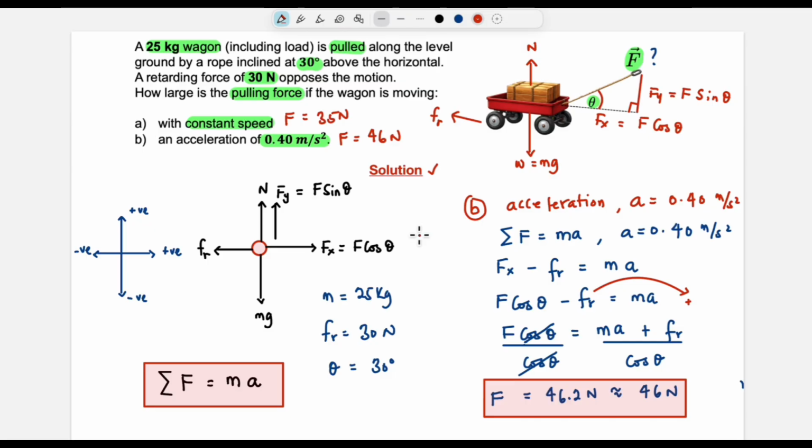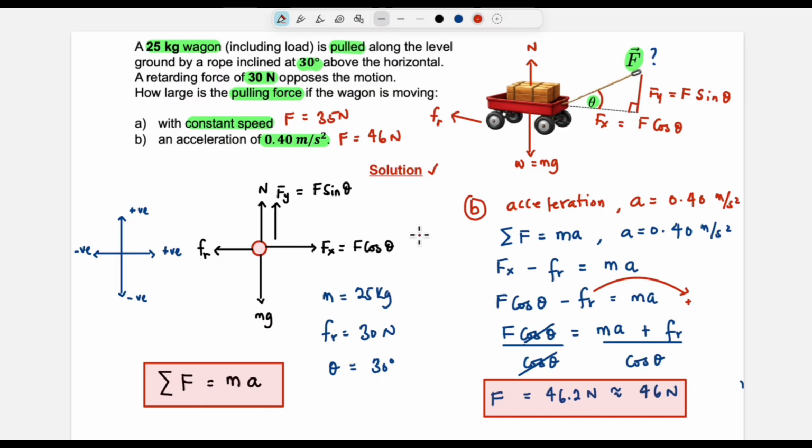And this makes sense because if you just set the wagon to move at a constant speed, you just need to overcome the retarding force plus just some little force. And we can see the difference between the retarding force and the pulling force is about 5 newtons. So we needed just that 5 newtons to set this wagon and the load into constant speed motion.